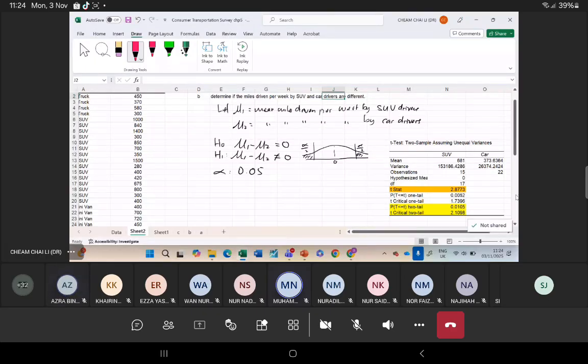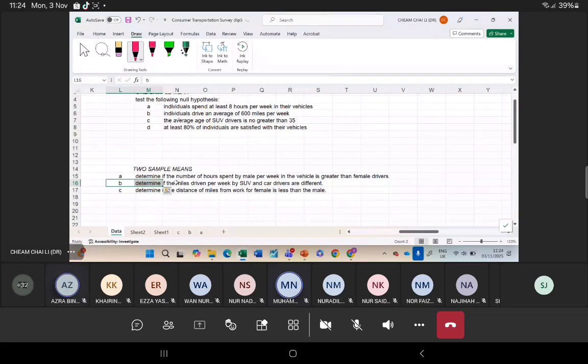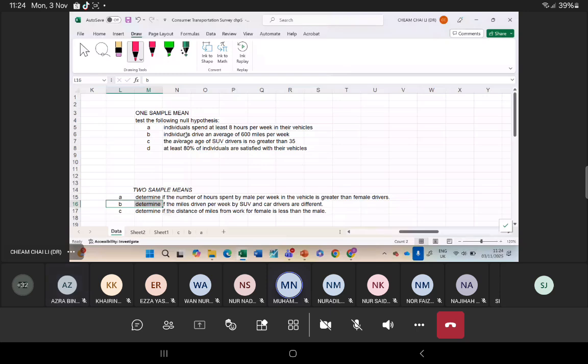Madam, yeah. Why was the question changed to different? Okay, actually it is the same, because I do not want you all to be confused. You see here, actually it is the same. But for the one sample mean, all those statements you have to put in your null hypothesis, right?